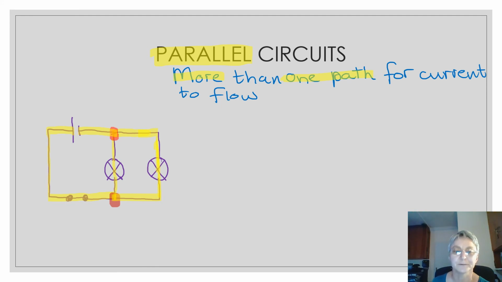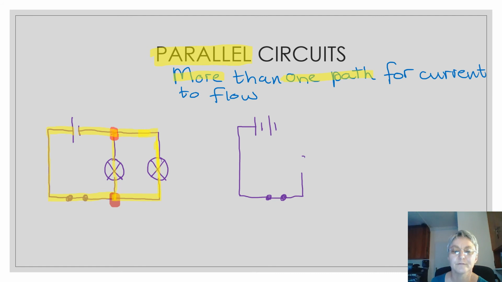Let's do another one. So we have the two cells, maybe. We have them connected to a closed switch, otherwise the current can't flow.